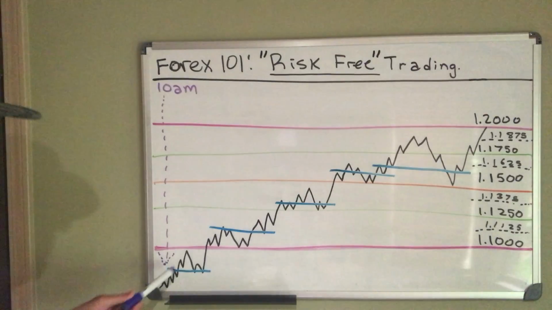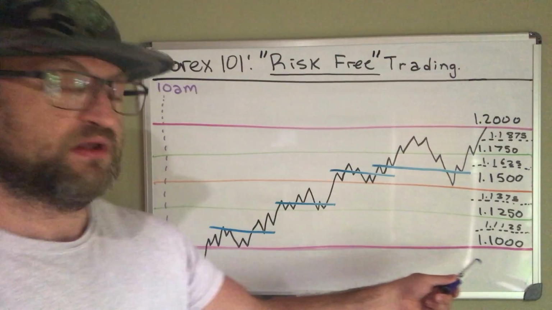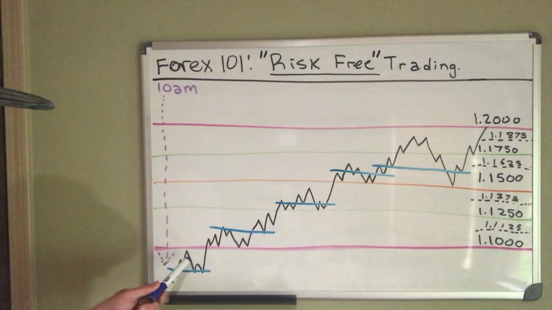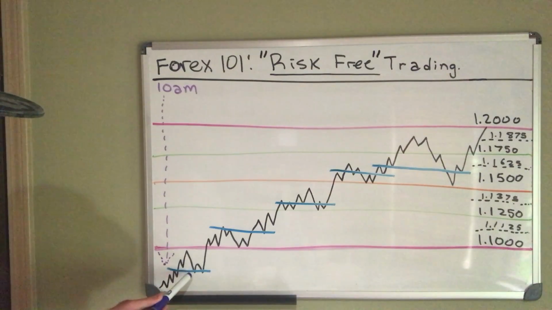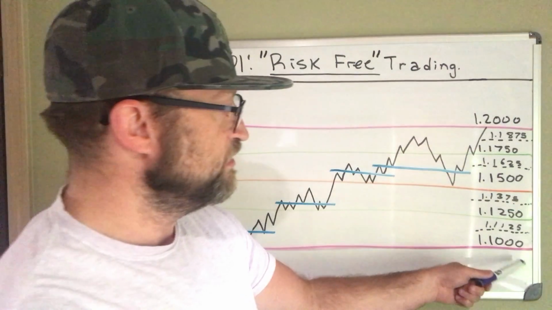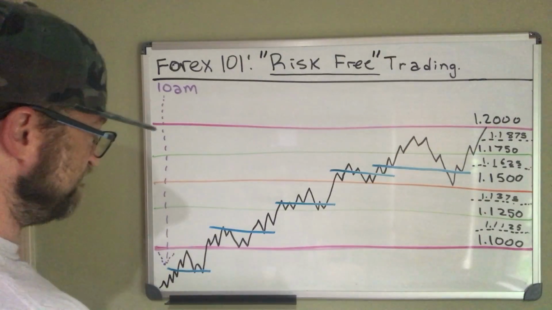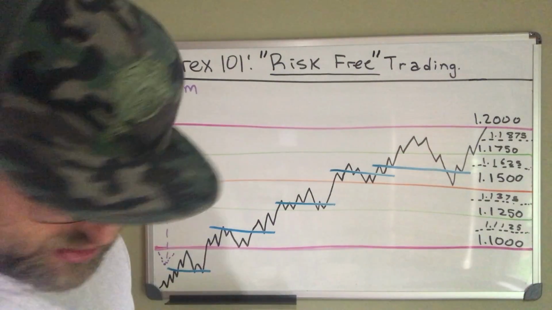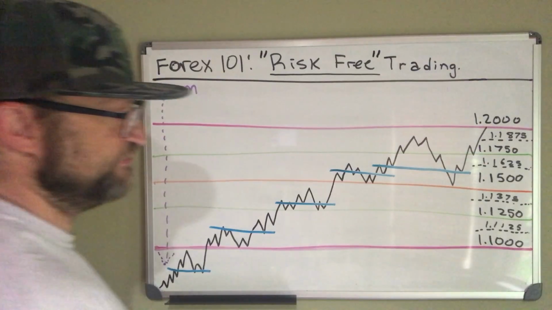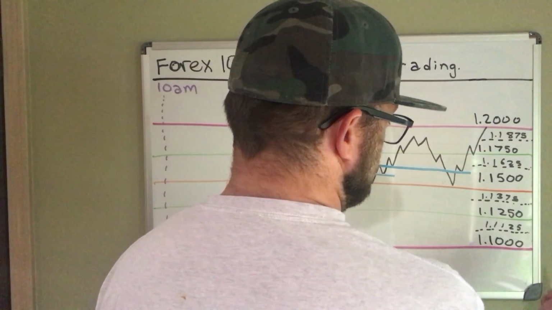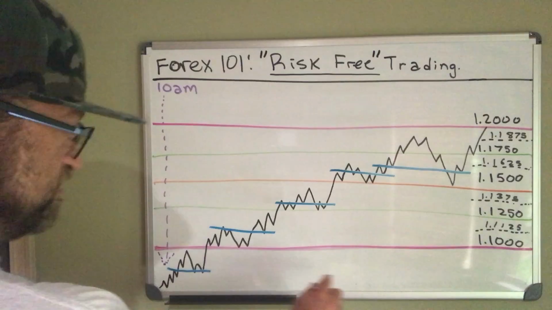Alright, you're coming up to this 1,000 level, and basically you see it reject. And now down here, this is going to be some other level, like we were talking about. What's the distance on this one? Let me see.